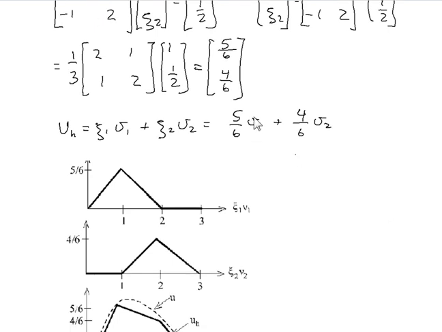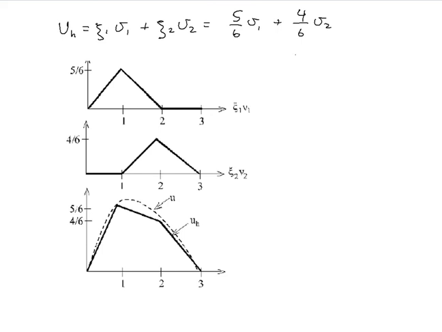We showed you the graph of v1 and v2, and multiplying v1 with 5/6, we obtain this graph. Multiplying this basis function with 4/6, we get this function. And adding these two functions, we obtain the graph of uh.